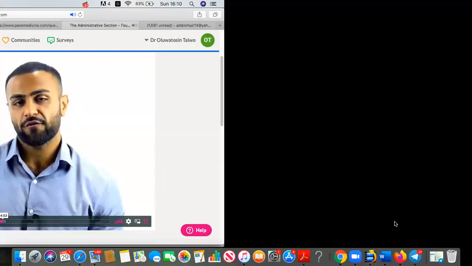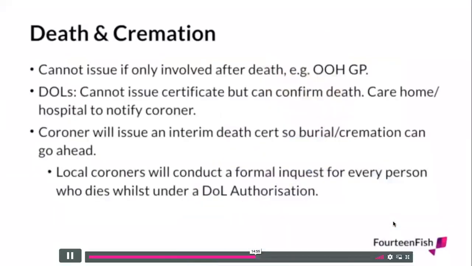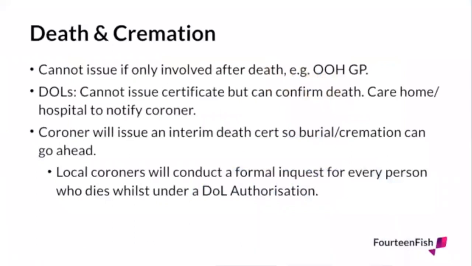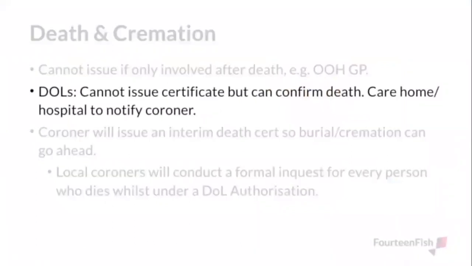If a patient dies while they were under a Deprivation of Liberty Safeguard, a GP cannot issue a death certificate. What a GP can do is confirm death, but effectively what needs to happen is the care home or the institution where the patient was must notify the coroner.